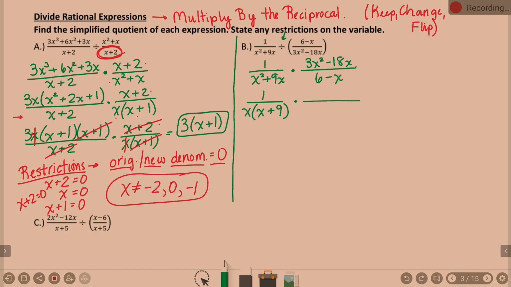Okay. Second fraction. 3x squared minus 18x. Okay, yeah. 3 and 18 both divide by 3. And both terms have x in common, don't they? So yes, 3x. When you factor out 3x, we're left with x minus 6.